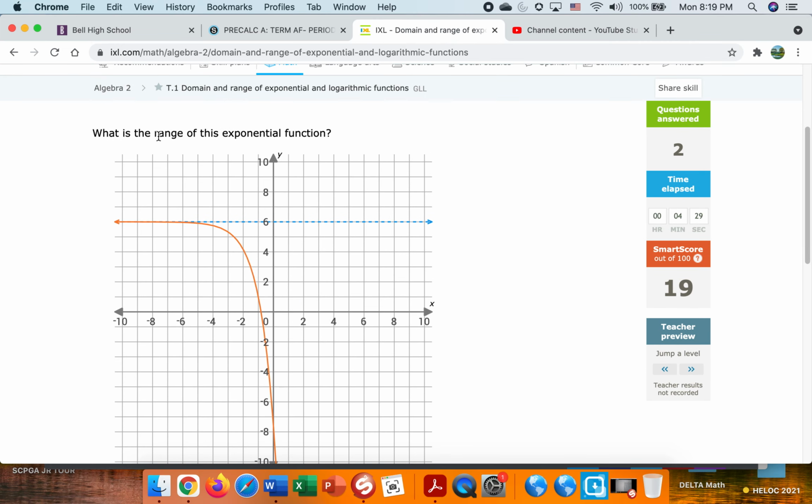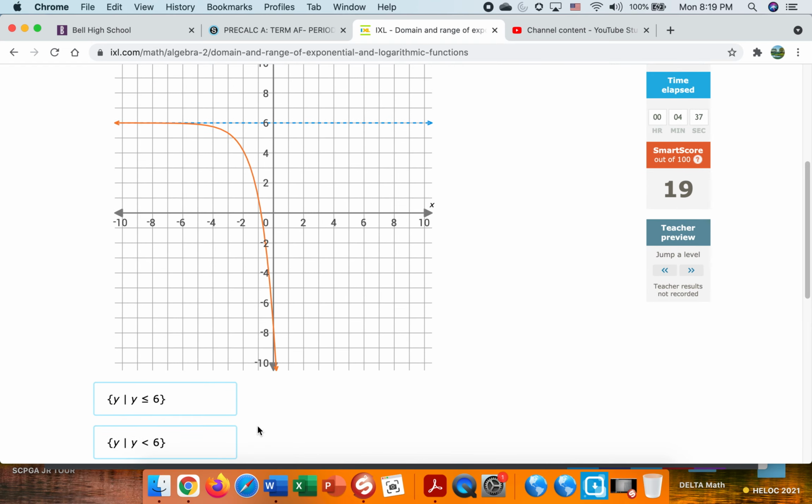The range, here we go. Again, range is what? All sets of the y values. Now here, if you see the arrow from the bottom, it's coming from negative infinity. The graph exists everywhere on all these negative numbers along the y-axis.